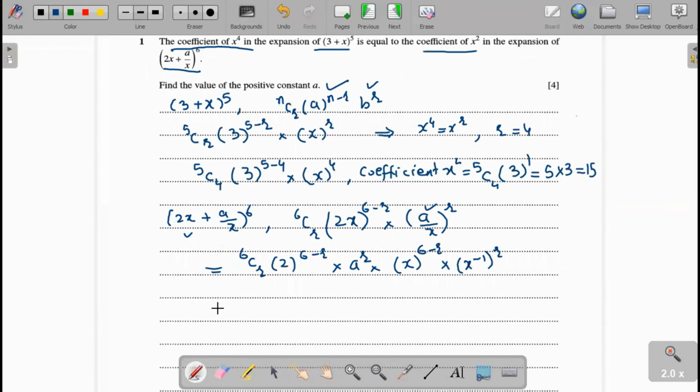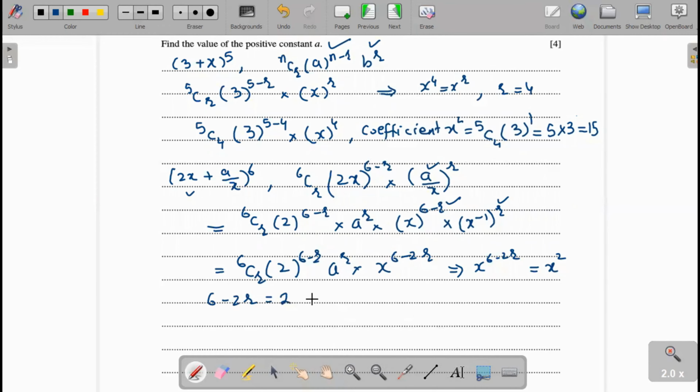Now 6Cr 2^(6-r) a^r x^(6-2r). x^(6-2r) is equal to x^2, therefore 6 minus 2r equals 2. So 2r equals 4, and that is r equals 2.